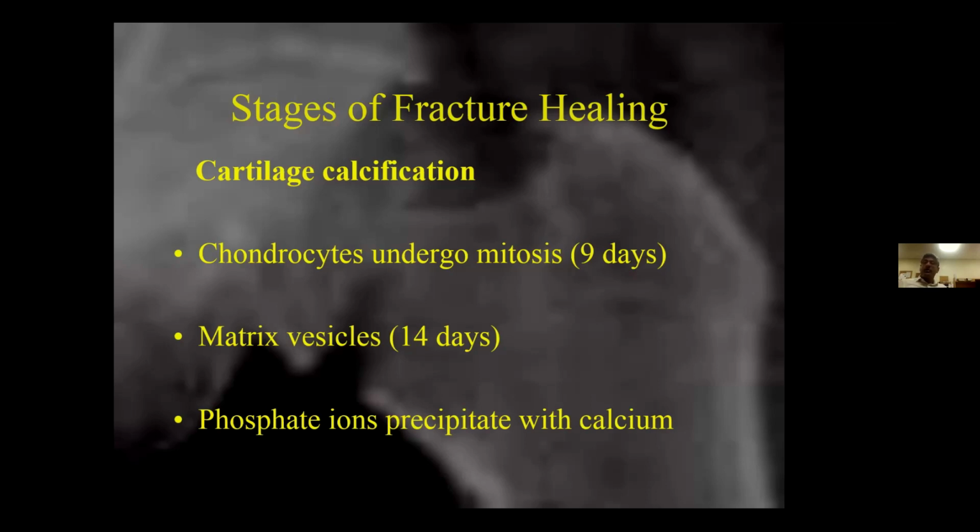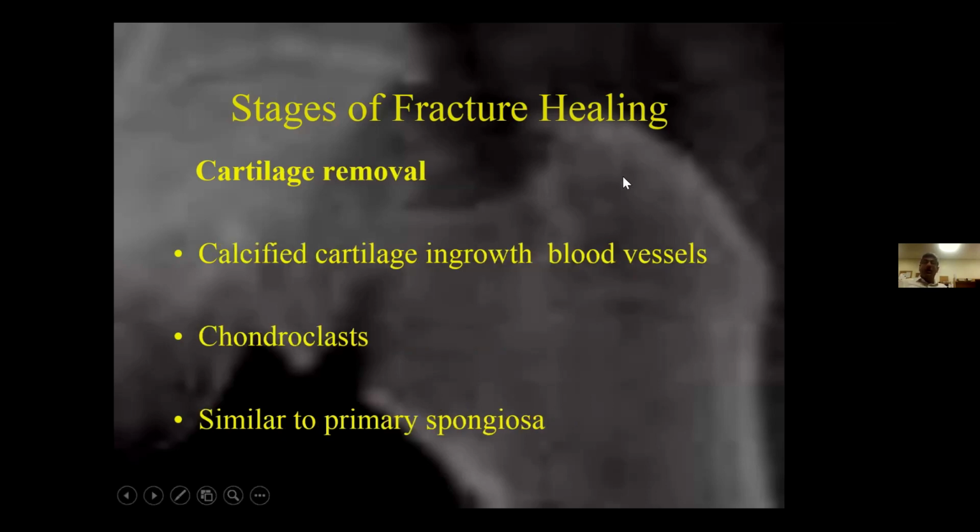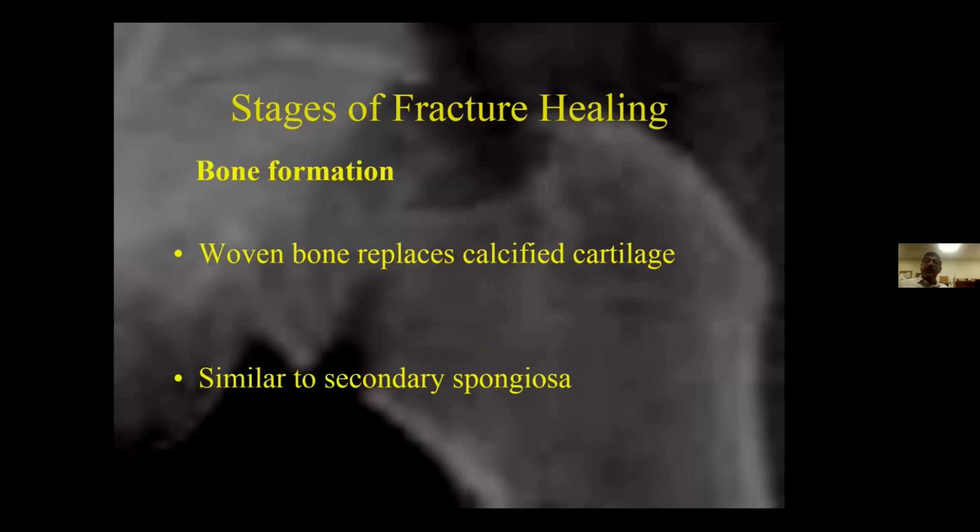Then we have to go on to the cartilage removal. So the chondroclasts are responsible for this. They come in with the ingrowth blood vessels and they start removing the cartilage. So the chondroclasts come in now to remove the cartilage. And finally, we have the woven bone replacing this cartilage. And this is similar to your secondary spongiosa.